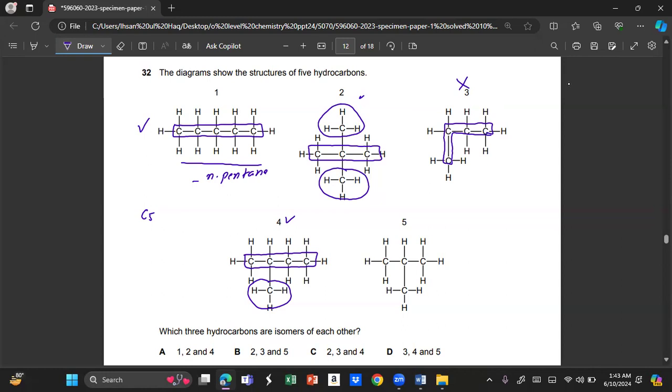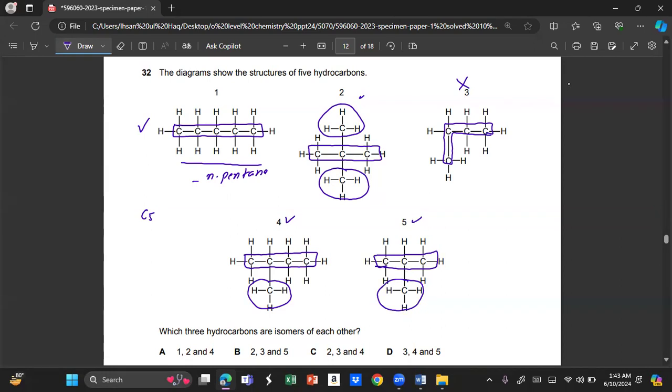But if you see structure number 5, if we go like this, this is a straight chain, this is a branch. It looks similar to this one, but you see the number of carbon atoms in structure number 5 is only 4.